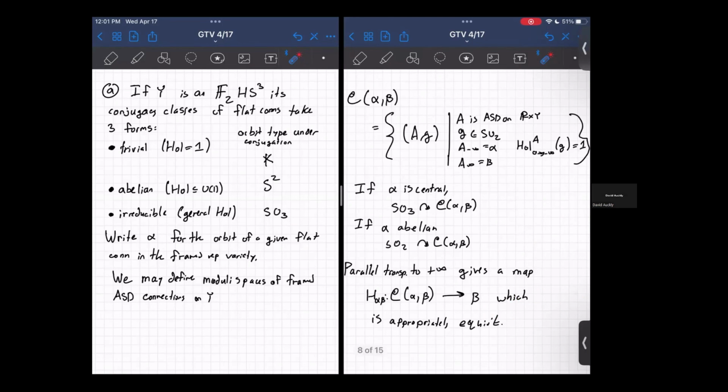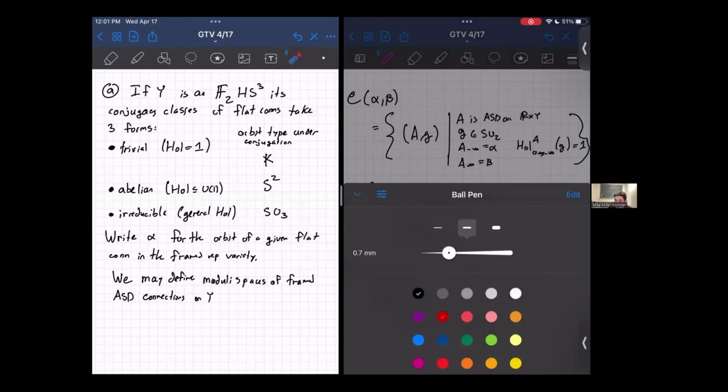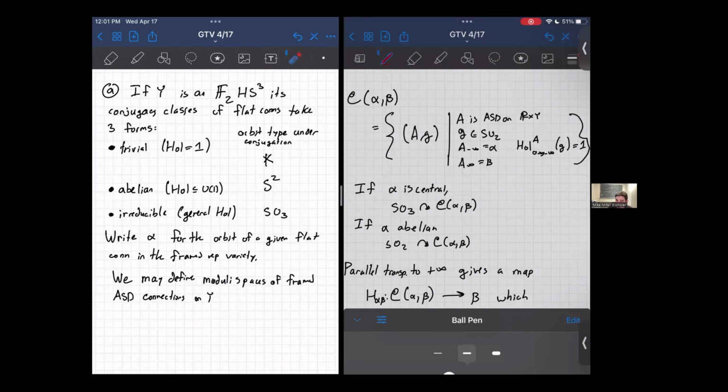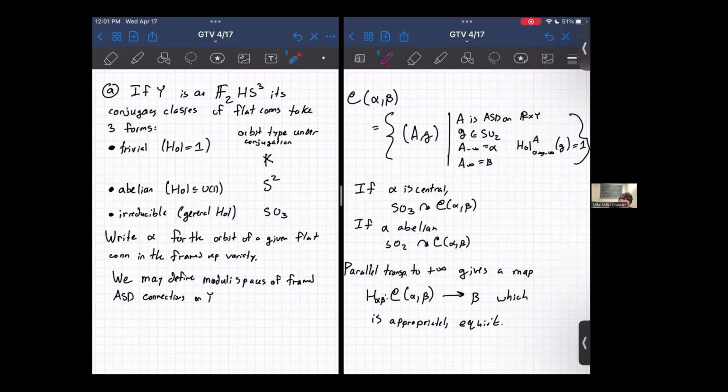Yeah. The other thing is that in this condition right here, really that holonomy, I say it's one, which suggests that the parallel transport's like an element of SO3 or something like that. But really, this is an element of that framed orbit of framed flat connections, alpha.